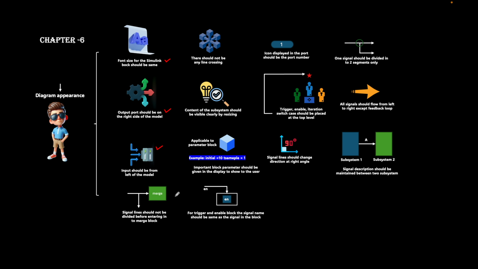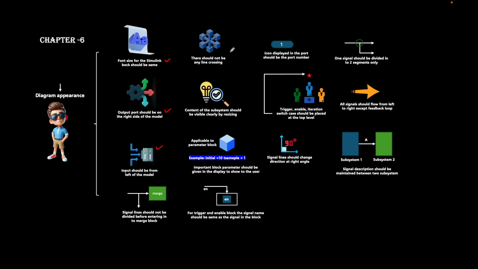Next is the signal lines connected to the merge block. Suppose you have a merge block, then the signals that you are connecting to the merge block should not be divided before entering the merge block. This will create conflict. There should not be any line crossing when you are dealing with signals.